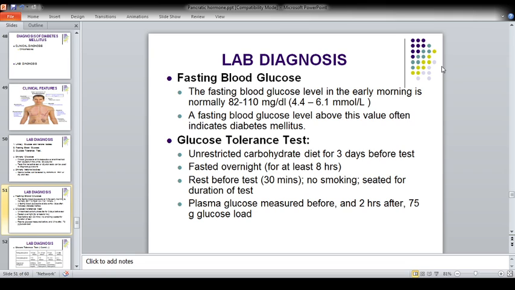Well, lying down is better. Then the plasma glucose is measured while fasting. Then we give 75 ml of glucose in 1 glass of water and ask the patient to drink it whole. Then we measure the blood plasma glucose level after 1 hour and then after 2 hours.